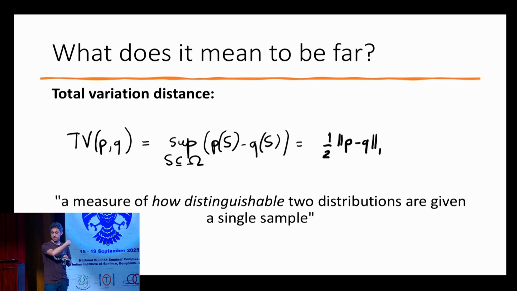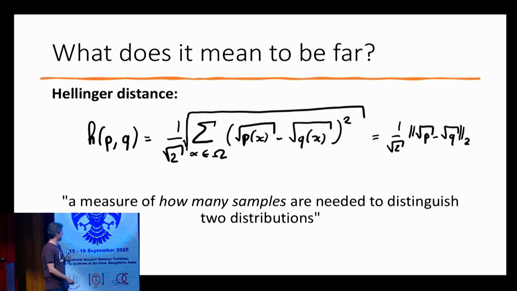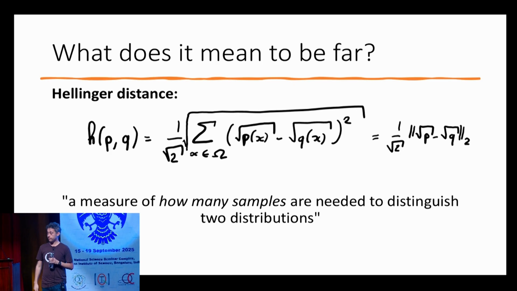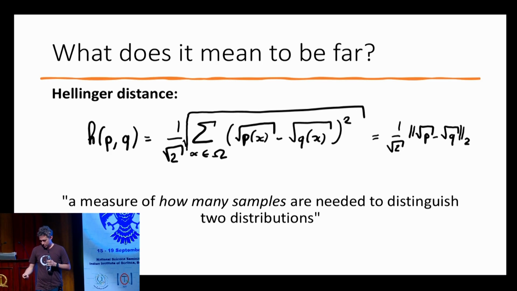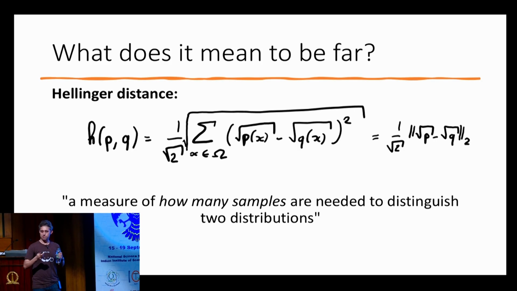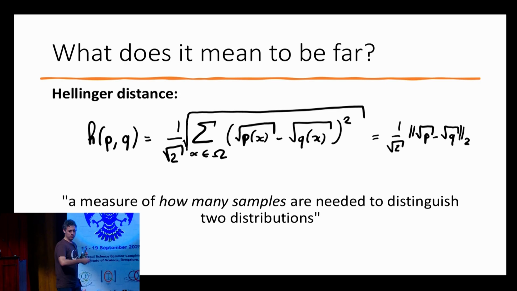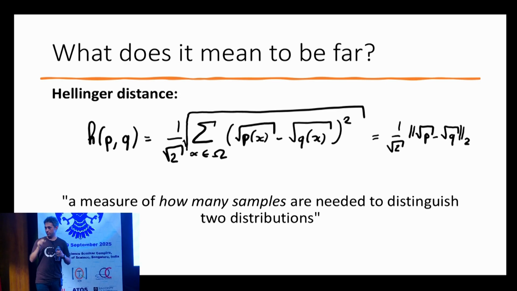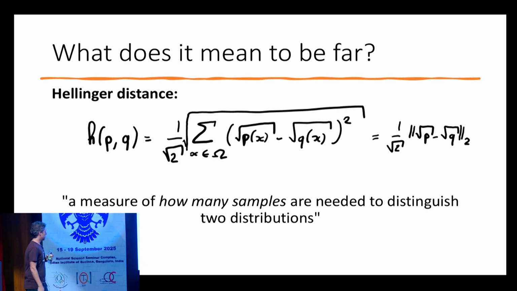Now, this is our measure of interest for most of the talk, but we're going to want to have a little bit of robustness in our results and also use other things as a proxy. So there's also Hellinger distance that's going to appear, which, since it's a quantum audience, you probably have seen in one way or another because it's directly related to fidelity. So if you take the quantum analog of Hellinger distance, then you have 1 minus fidelity, Hellinger squared, sorry.